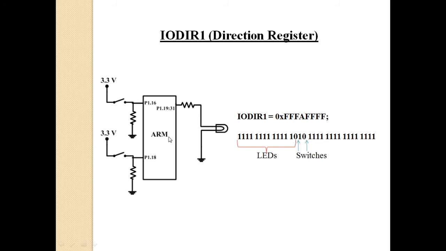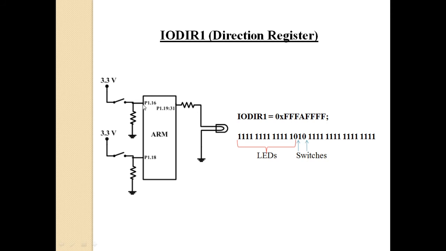So let us take your LPC2148. I am connecting two switches to P1.16 and P1.18. I am connecting LEDs from P1.19 to 31. So how will you configure the direction of this? P1.16 and P1.18, those two bits in the IO direction 1 register should be written with zeros.